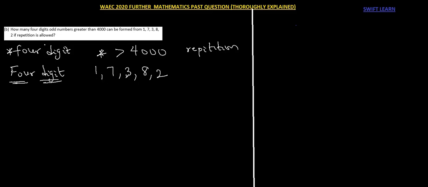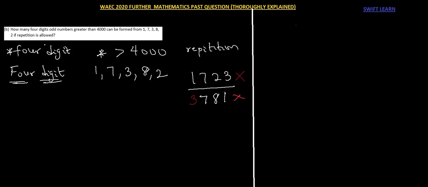Now if you arrange these numbers, for example, if I start with 1 and make a 4-digit number, I can say 1, 7, maybe 2 and 3. You know that this is not greater than 4,000, so it is cancelled. It does not qualify for the condition. If I start with 3, maybe 3, 7, 8 and 1, it does not qualify either.